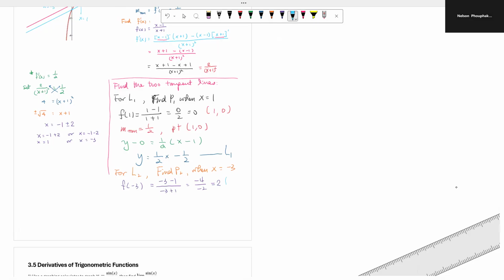In this case, the point that I have is -3, 2. The slope of the tangent is 1/2, and the point is -3, 2.